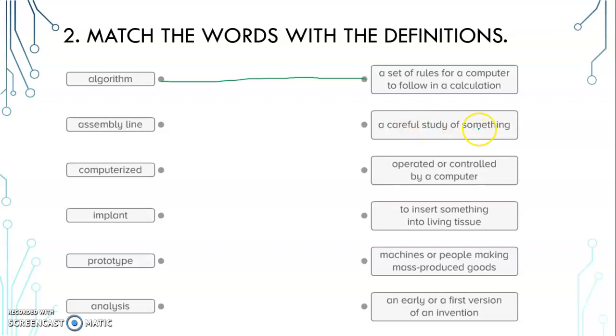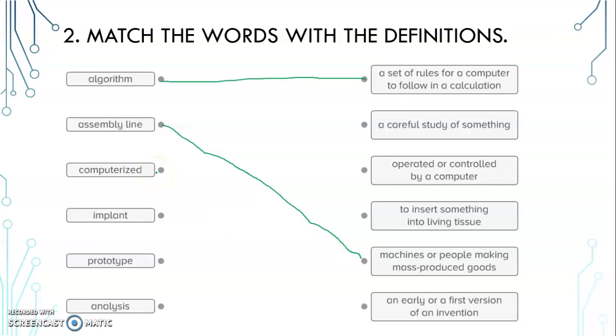A careful study of something; operated or controlled by the computer; to insert something into living tissue; machines or people making mass-produced goods; or an early or first version of an invention. Do you know what it is? Okay, yes, that's correct. You can use another color if you want. The correct answer is machines or people making mass-produced goods.